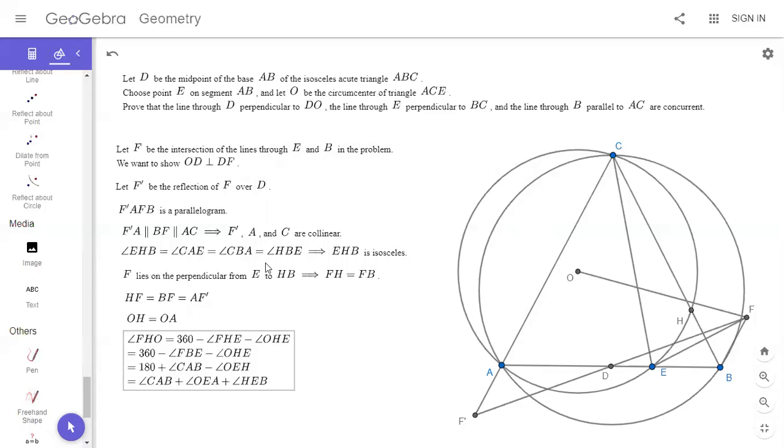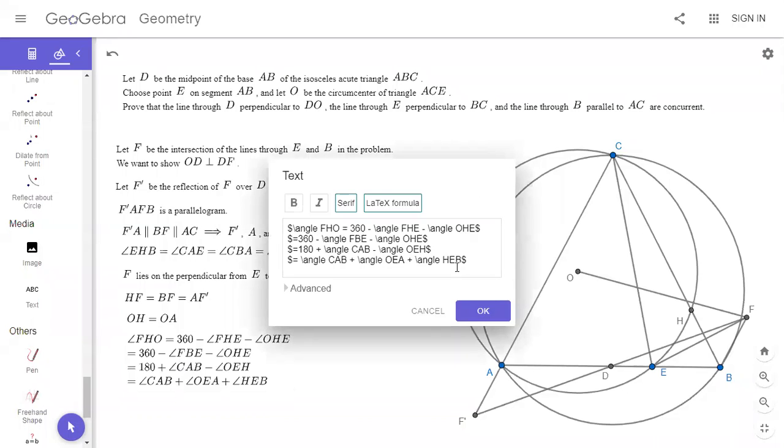I'm sure it's just an angle chase from here. Now we have BEH is ACB and OEA is EAO.